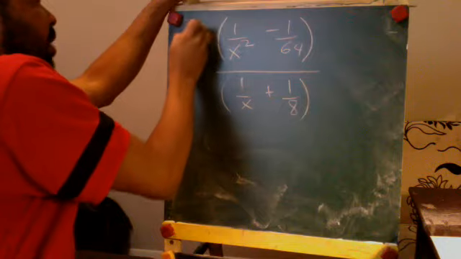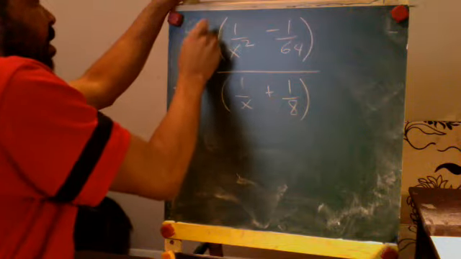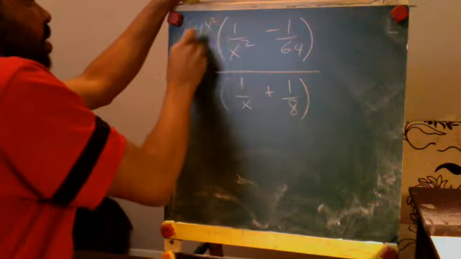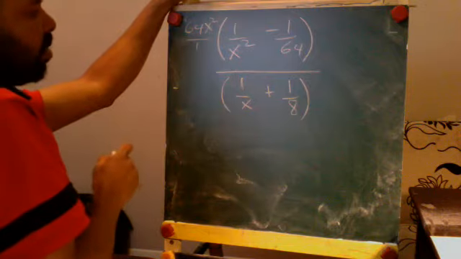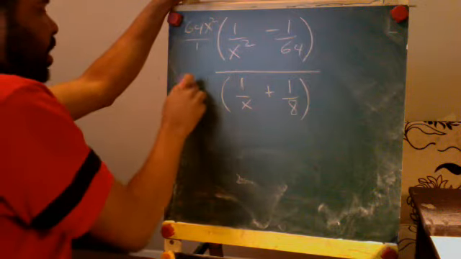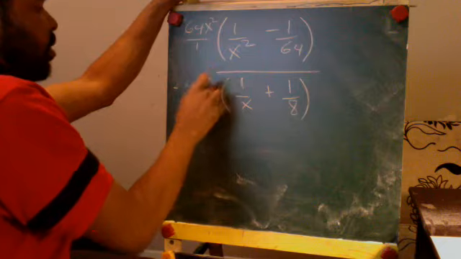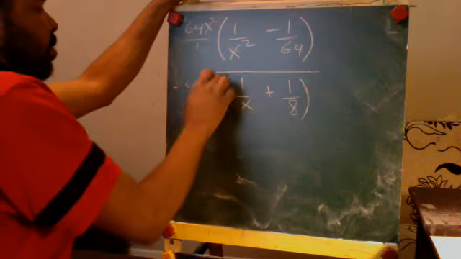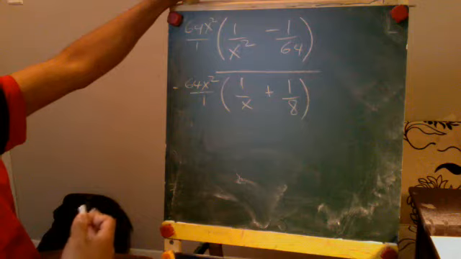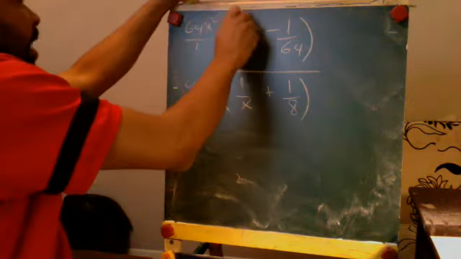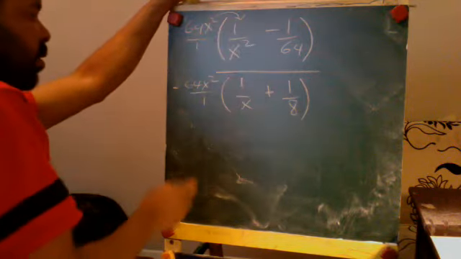And so I'm going to multiply by 64x squared. I'm going to write that as 64x squared over 1. And I'm going to write it as 64x squared over 1. The next problem, I won't do the over 1 thing, right? So I'm showing you why I'm doing it, because I'm going to be multiplying everything by 64x squared over 1.